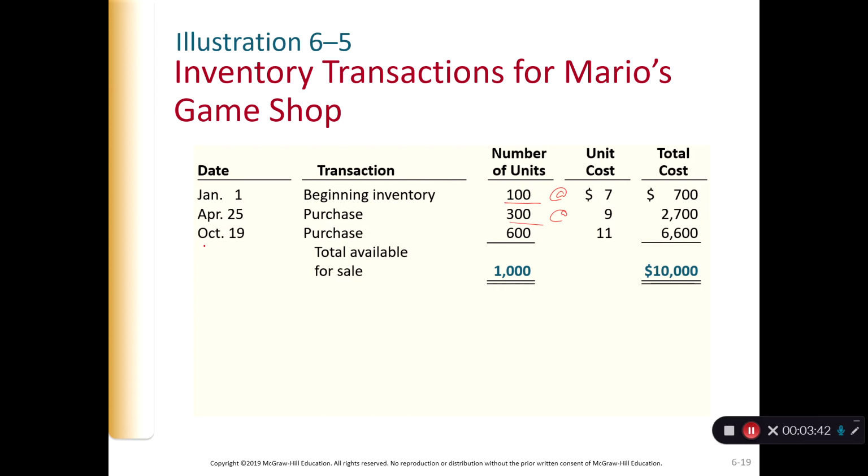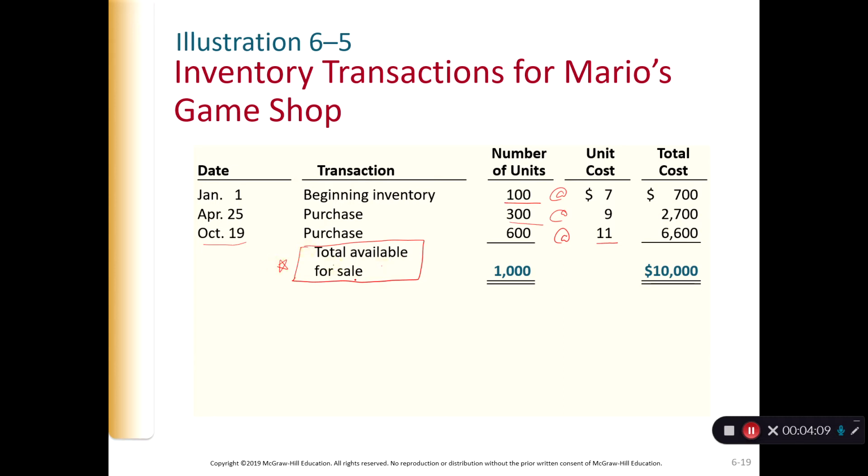Then about half a year later, they went to buy from the supplier again and for some reason they bought a lot. However, the price went up as well, so they bought 600 units at $11 each, and that's why the purchase is $6,600.